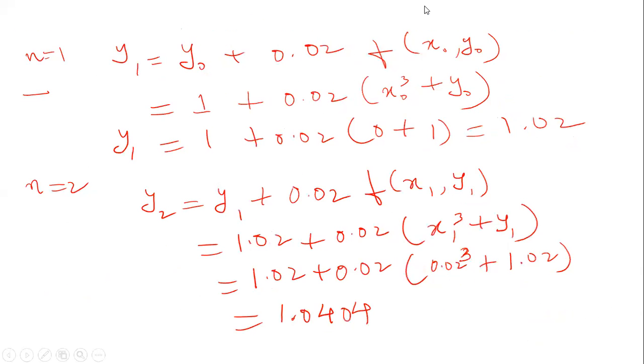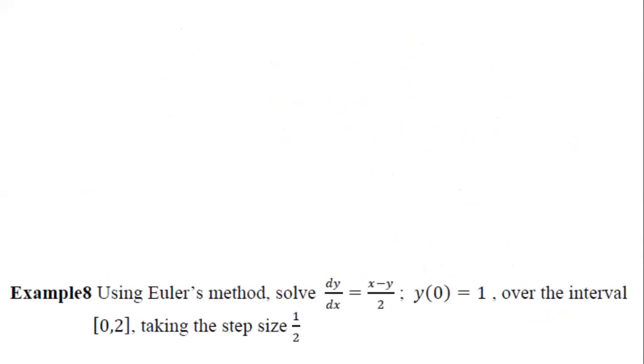I think you can continue with that, because if I do every step, it will take almost the whole allotted time for this 1 hour Zoom lecture. So this is another problem which you have to solve using the Euler formula.